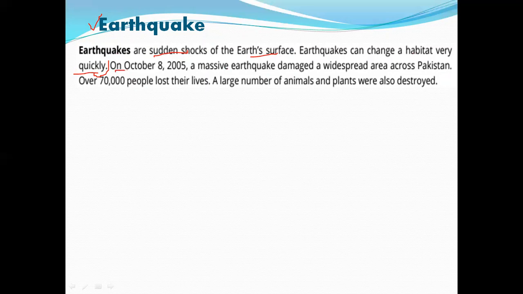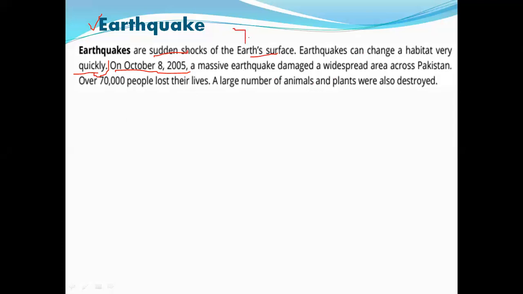Here is an example: on October 8, 2005, a massive earthquake damaged a widespread area across Pakistan. It happened in Kashmir, Pakistan, and almost 70,000 people lost their lives in that condition.